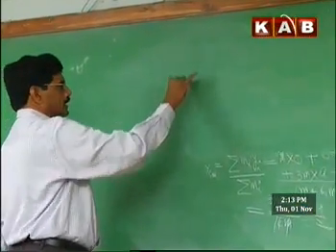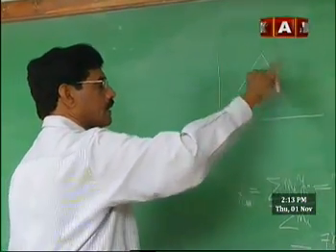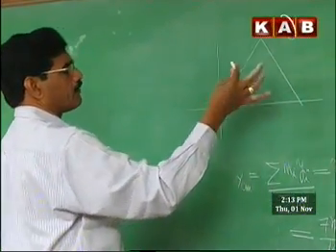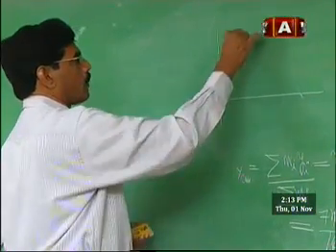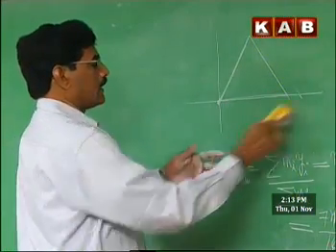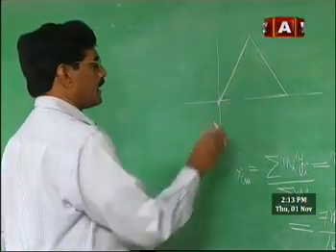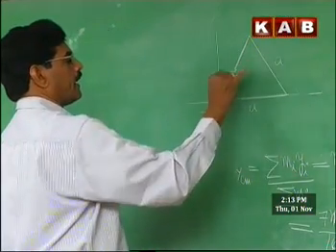So, let us consider particles at the corners of an equilateral triangle. Let us consider an equilateral triangle. The side length of this triangle is a.